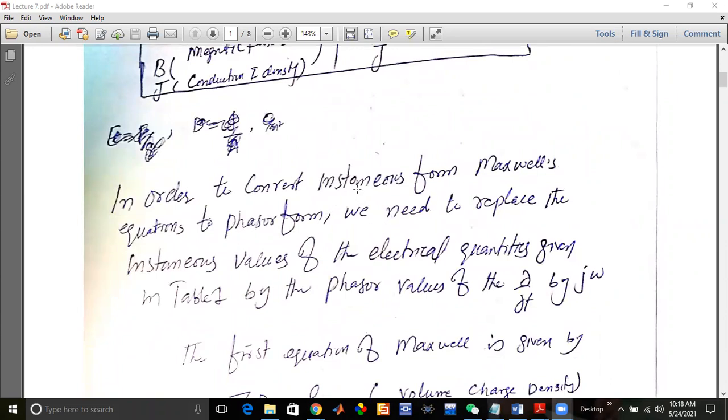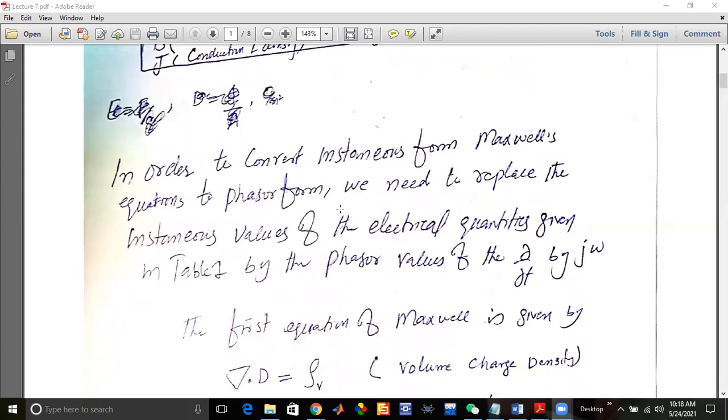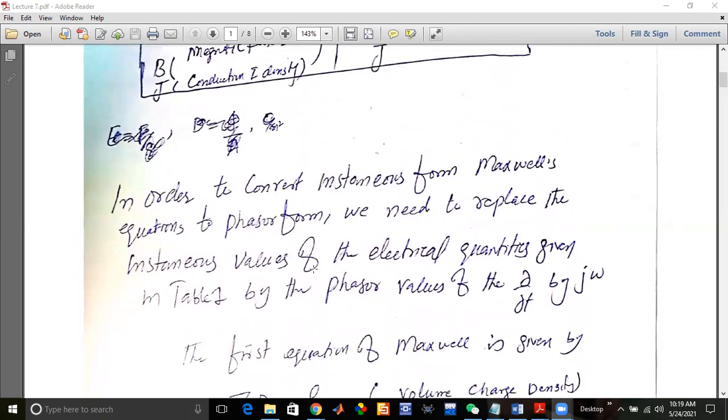In step number one, we will replace every instantaneous value with the corresponding phasor value, and for this we will use table number 1. Second, we will replace the partial derivative with respect to t by j omega.